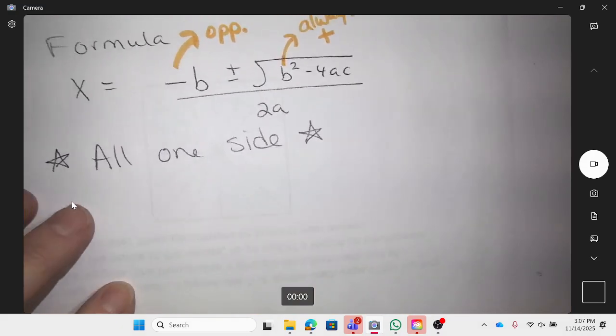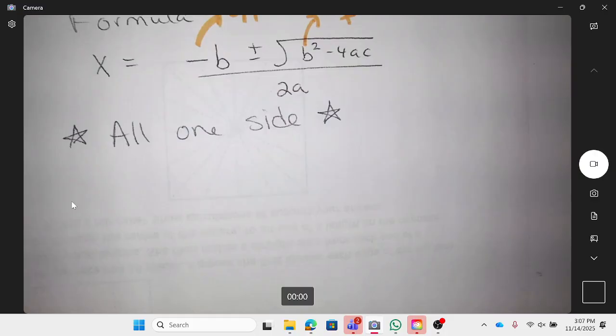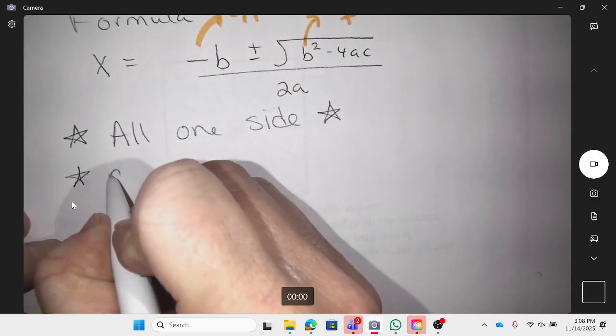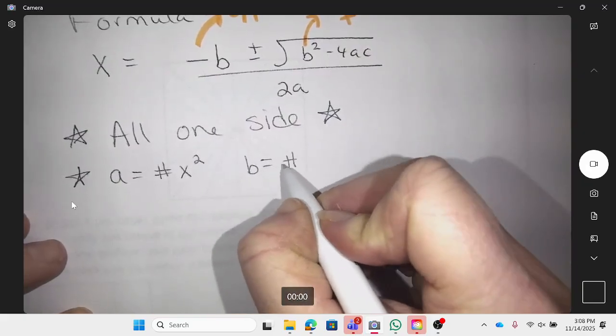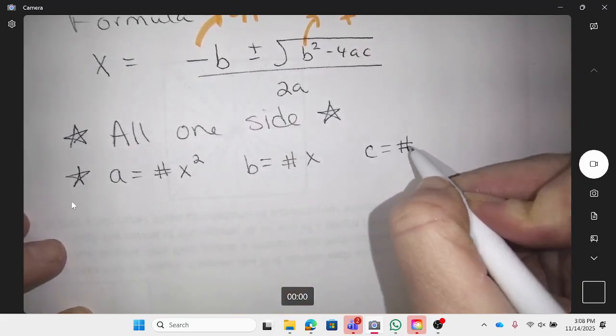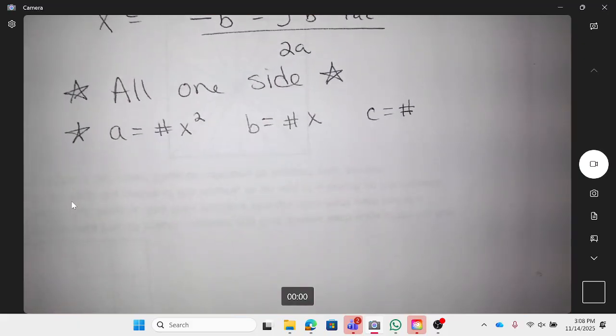I'm going to remind myself that everything has to be all on one side. Maybe I'm going to remind myself that A is the number of x squareds, B is the number of x's, and C is just the number.